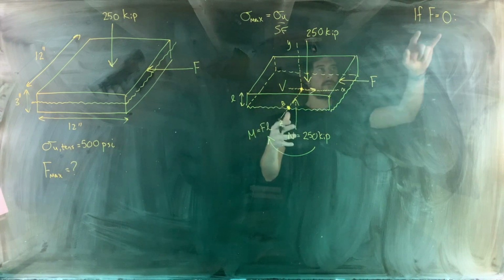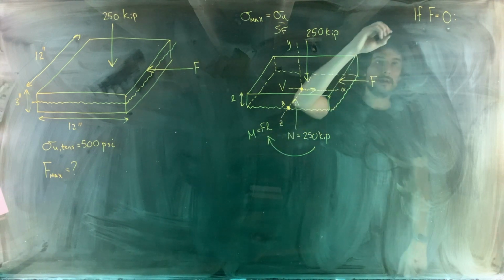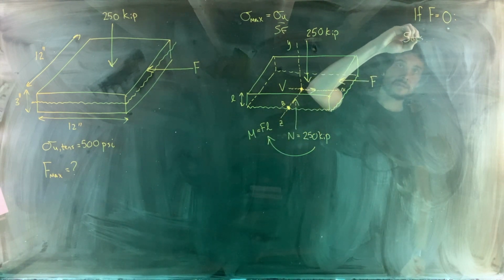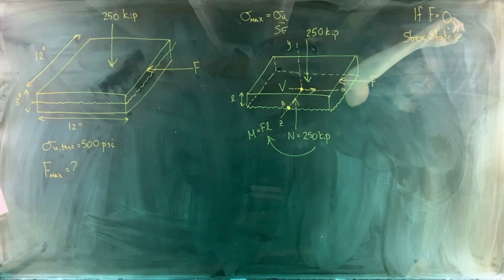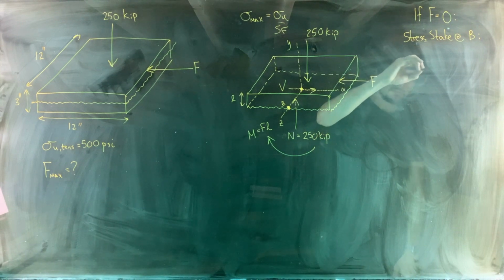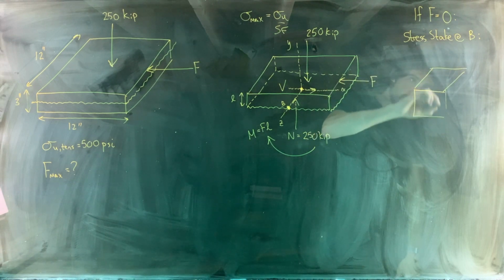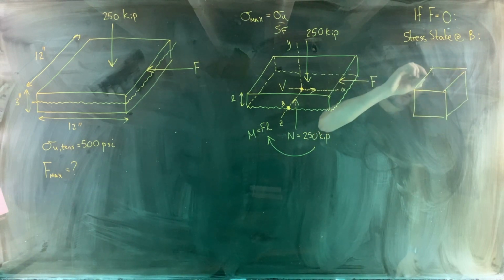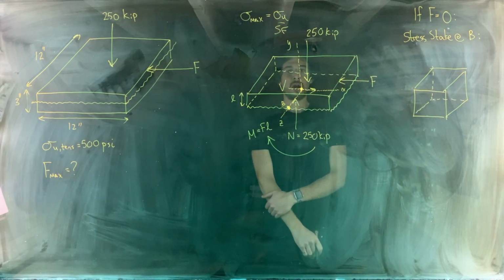So if F were equal to 0, let's look at the stress state at point B. So we'll draw the volumetric element for the little piece of material at point B here. So there it is.